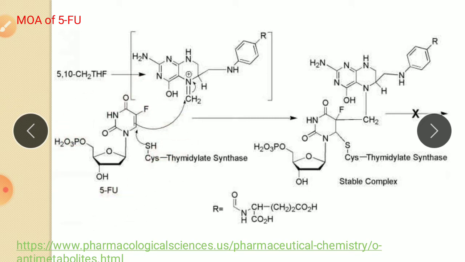The first step occurs in a similar manner as in the normal reaction. Here S minus attacks this ring carbon, this pi bond attacks the CH2, and the charge is neutralized. So the first step is the same as a normal process, but in the second step there is a difference.